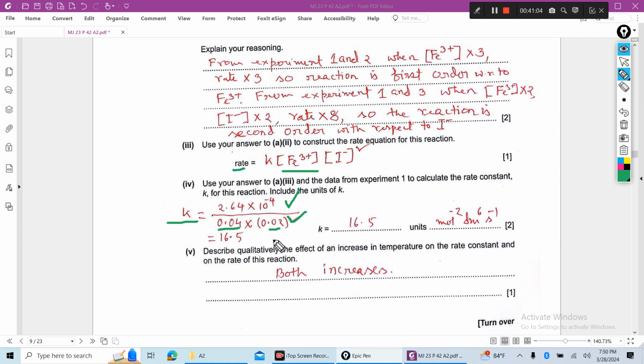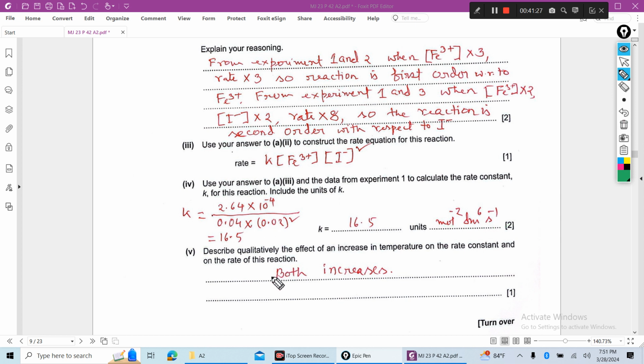So you get 16.5 and mole inverse dm cube per second. How? This is mole per dm cube per second, and this is mole per dm cube, and this is mole per dm cube squared. So then remaining mole inverse dm6 per second, you will get the unit.